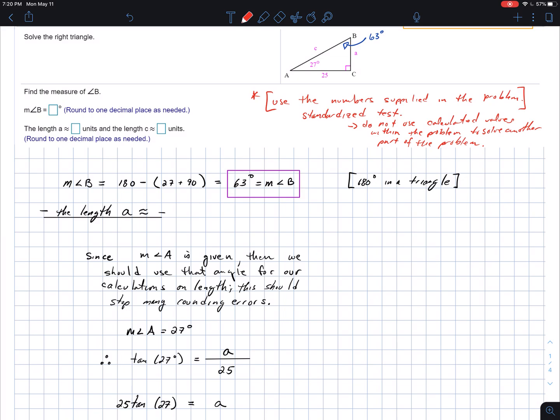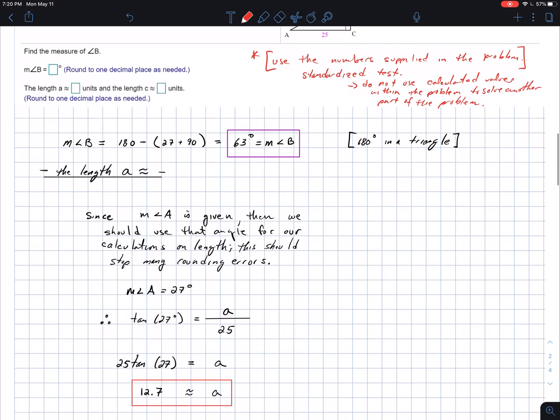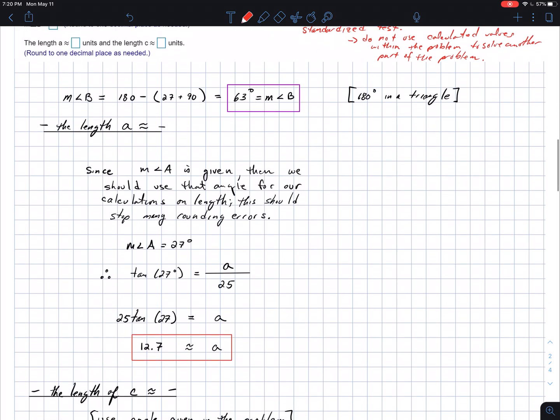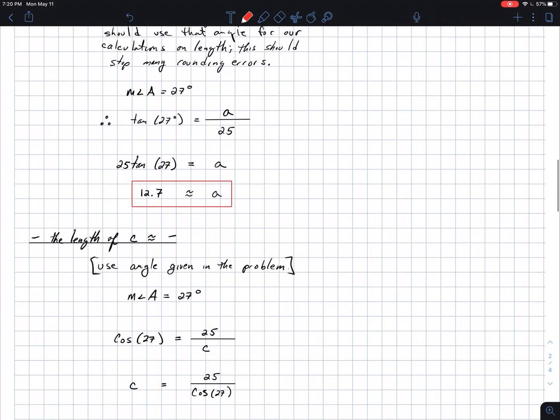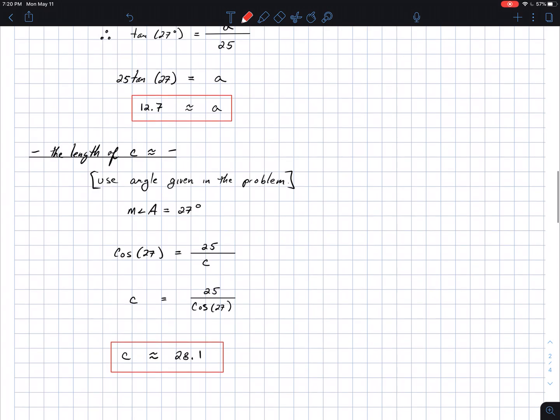We don't want to insert an error based on our calculation, okay? And a small error can lead to a big final answer that's really different than what we should be expecting. So my advice, like I said, is to use the numbers provided, and that's what I did here.